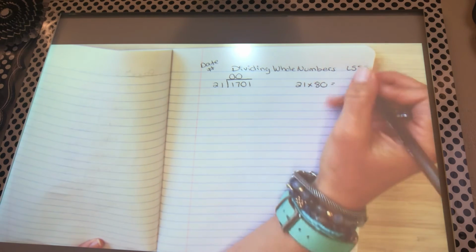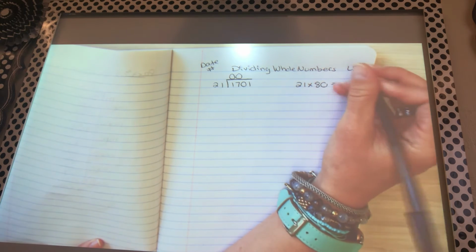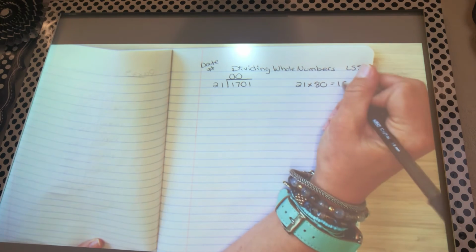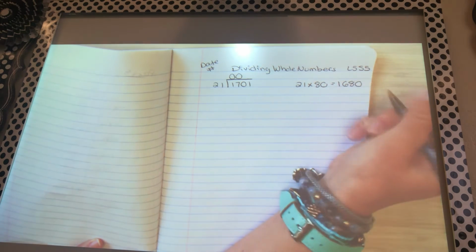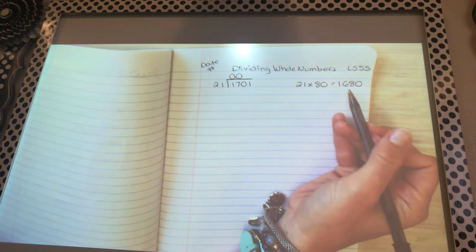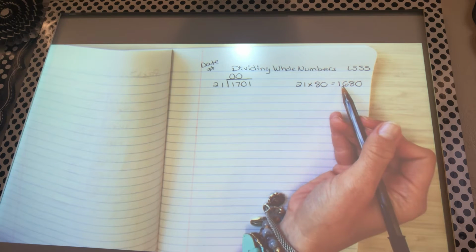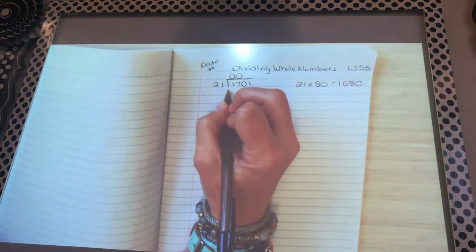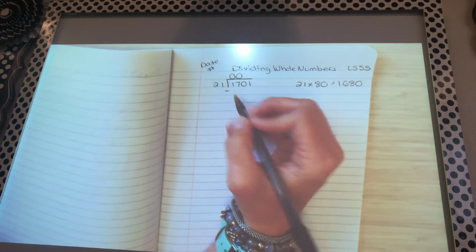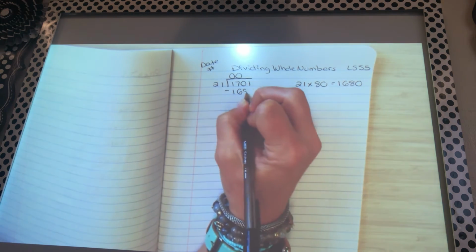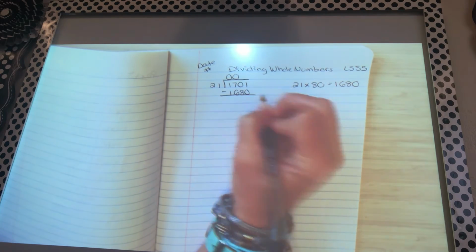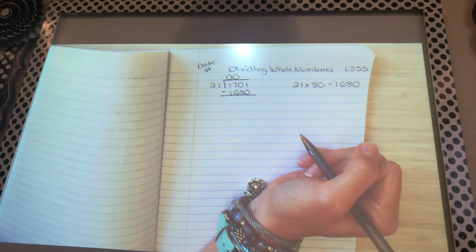80 times 21 would be 1,680. If I look at that, I think that's pretty close to my value over here. So I'm going to subtract 1,680 from 1,701.